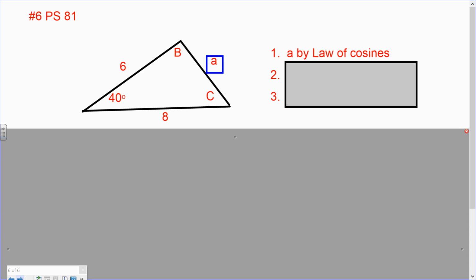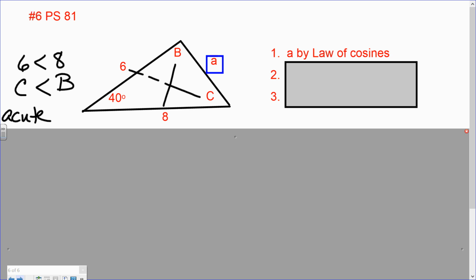Of those other two sides, he observed that 6 is smaller than 8, and so across from 6 was C, and across from 8 was B. So did I get that right? You said C had to be smaller than B, so therefore, which does? C. C must be acute.